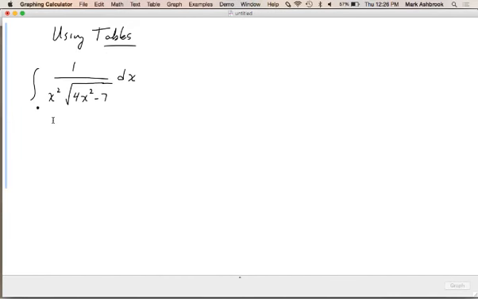Okay, so in the tables there are dozens and dozens of formulas, up to 106. There's 106 common forms of integrals where they just give you the antiderivative in the table. They're grouped by different types.